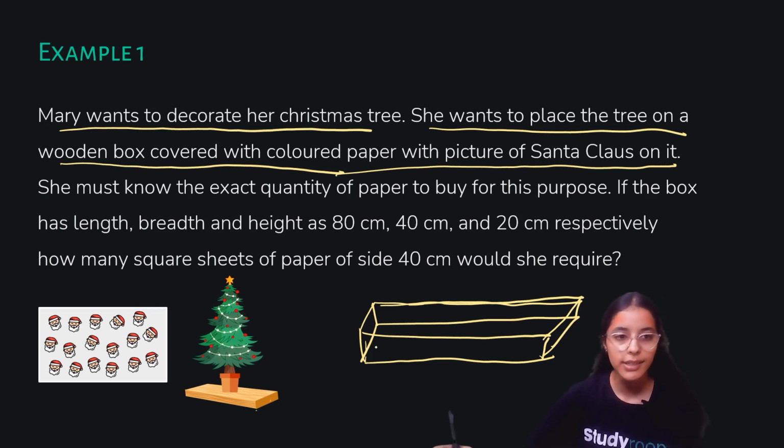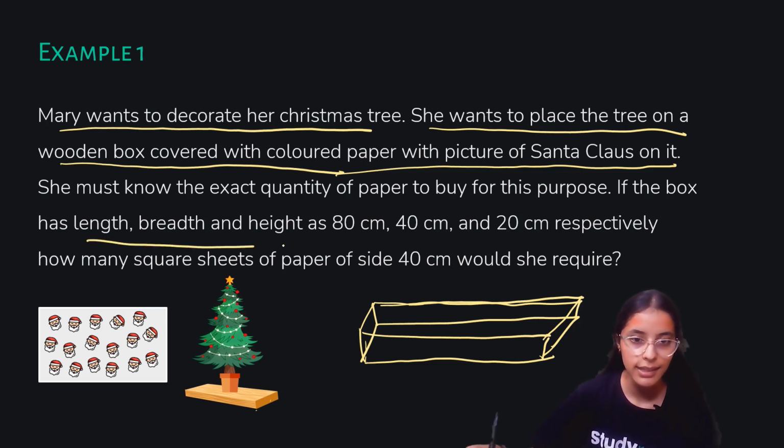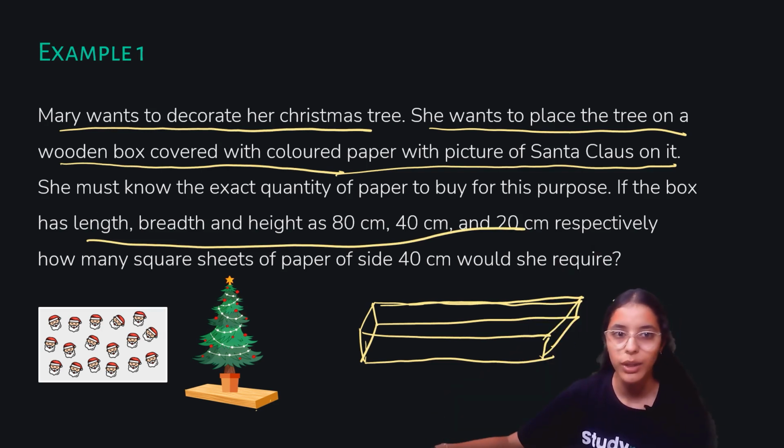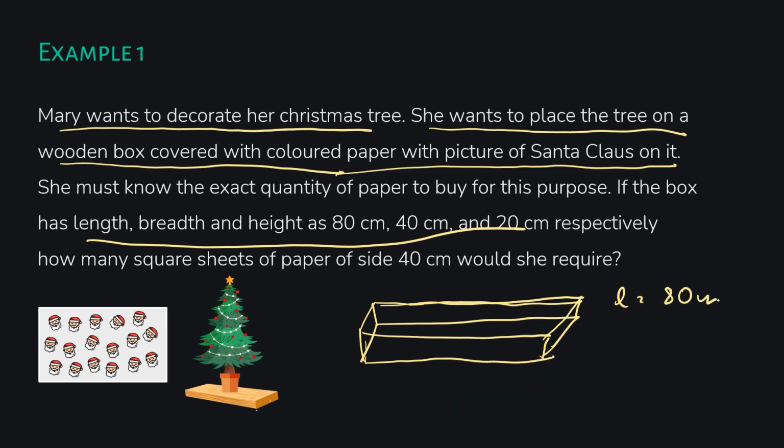Now she has to cover this up with colored paper, and she must know the exact quantity of paper she wants to buy for this purpose. The wooden box has length, breadth, and height given. We have length 80 centimeters, breadth 40 centimeters, height 20 centimeters.